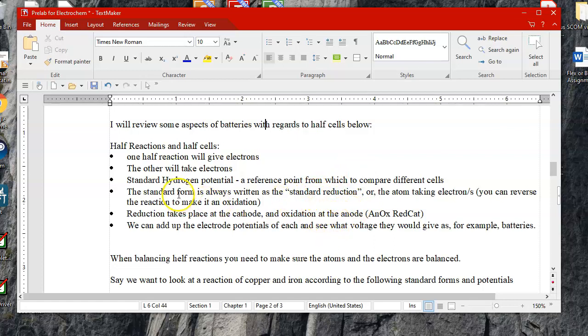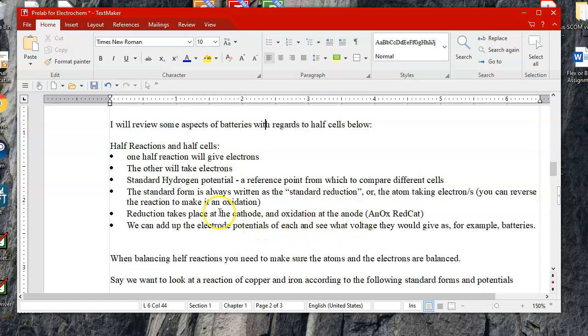So the reduction means that we are adding electrons to it. Now, when we form these into a battery, one's going to be oxidation and one's going to be reduction. So one of those is going to have to be flipped around in order to make the oxidation reaction. So reduction gains electrons, oxidation loses electrons.